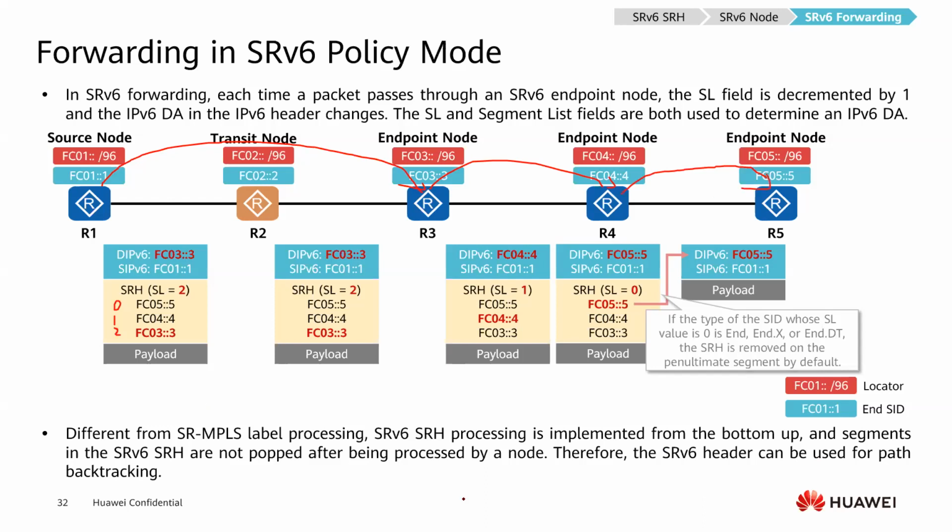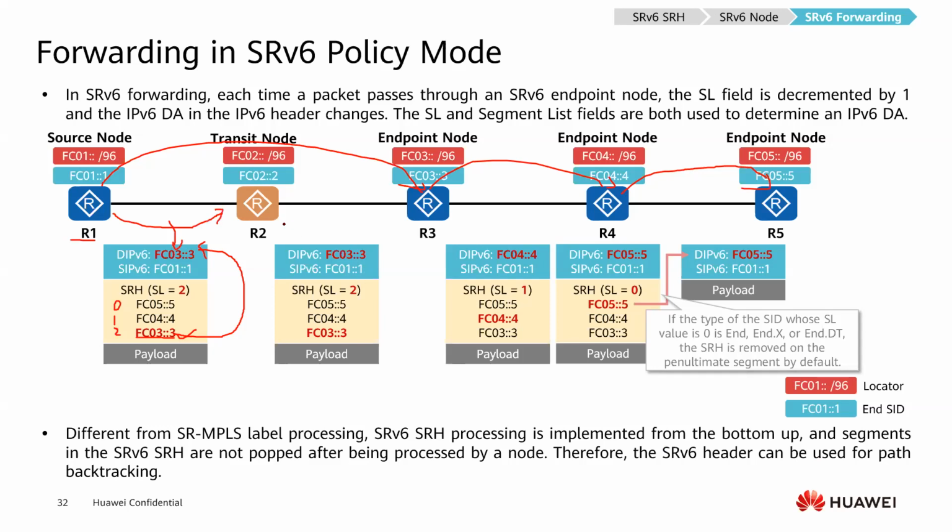The first segment, the bottom segment, will be FC03::3. Meanwhile, this segment will be put into the destination IPv6 address. R1, based on this destination address, will do the forwarding and send it to R2.